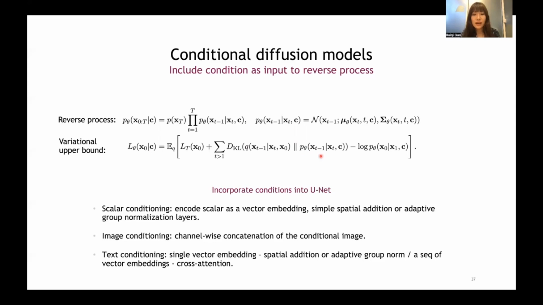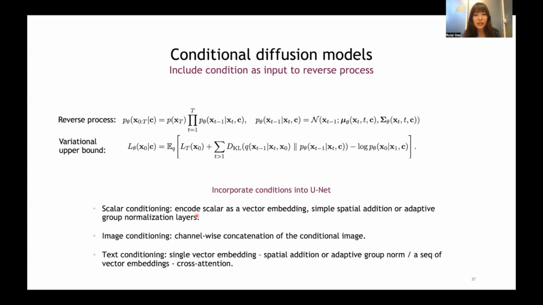But it is a design art in terms of how to incorporate different types of conditions into the UNet, which is used to parameterize this mu theta. Specifically, these are the things people use in practice. For scalar conditioning, for example class label, we can do something similar to what we did for time step conditioning.